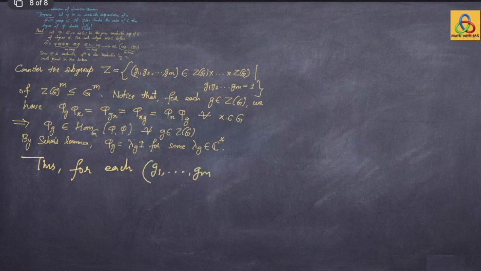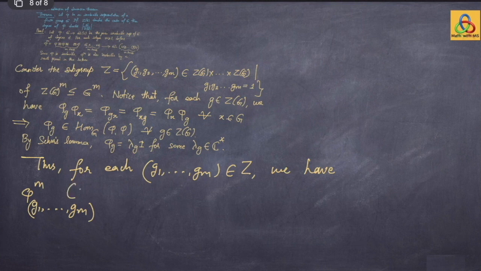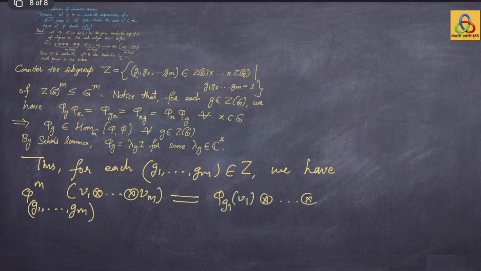Thus, if you pick up any element, let us say (g1, g2, ..., gm) in this subgroup Z, consider phi superscript m at (g1, ..., gm) acting on this vector v1 tensor v2 so on tensor vm. This, by definition of the exterior tensor product, is the same as phi g1 acting on v1 tensor so on phi gm acting on vm.